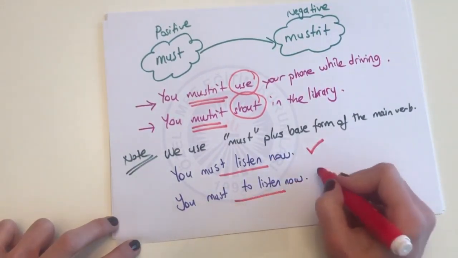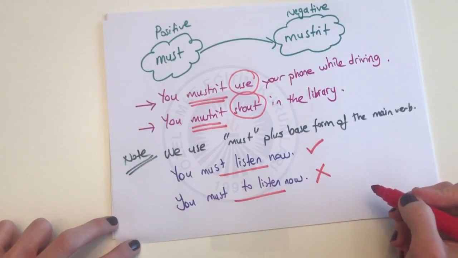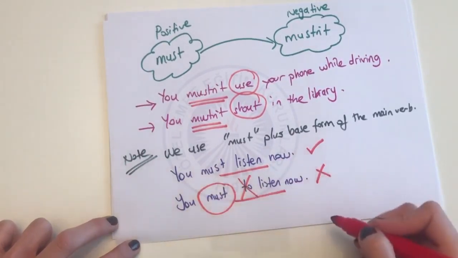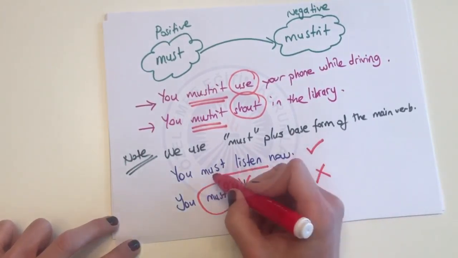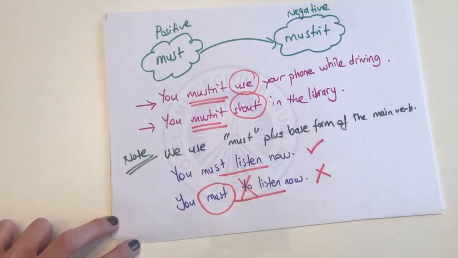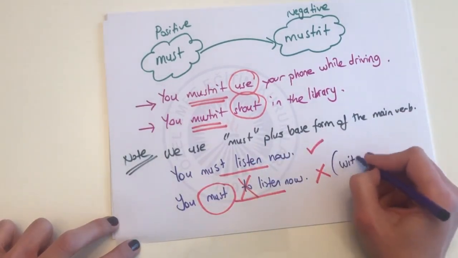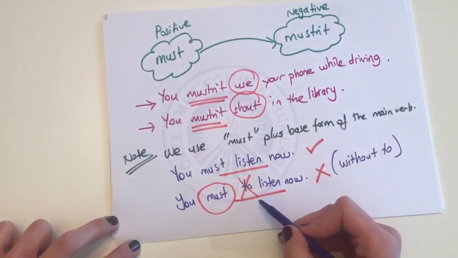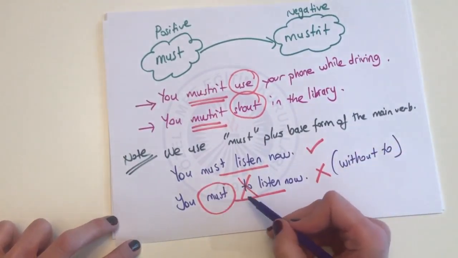The second one is false. Why? Because after must, we don't use to. After must, we use just verb. So please be careful, without to. We never use to after must.